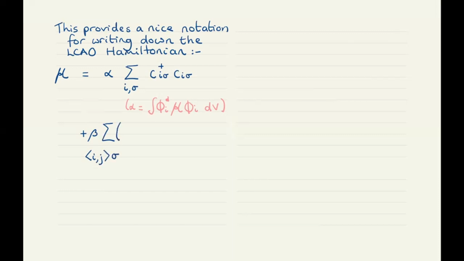And in this notation, we create on site I the electron that we've annihilated from site J. And then we also, of course, include the complex conjugate so that our matrix is Hermitian. And our term beta in this case is the integral of the complex conjugate of the wave function on site I times h times the wave function on site j.